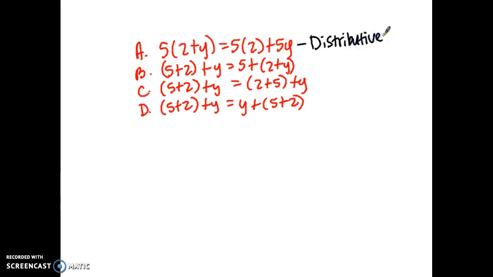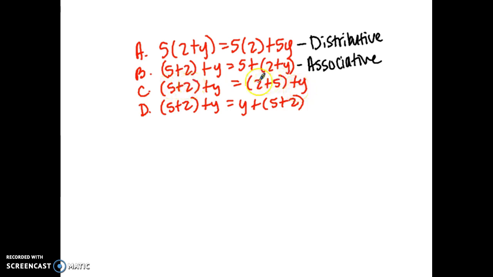But let's look at the other ones. 5 plus (2 plus y) equals (5 plus 2) plus y. The grouping, the parentheses, changes, so it's changing what the number is associating with. So this represents the associative property. 5 plus (2 plus y) is equal to 2 plus (5 plus y)?